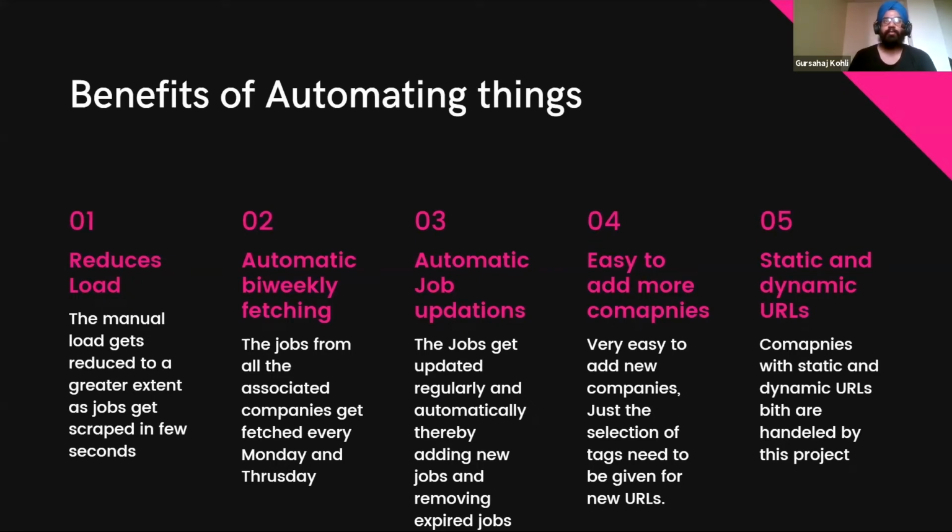It is still running, it's automated and scheduled. This program is made to run every Monday and Thursday around 1 a.m. and it runs automatically. It removes all the jobs that are not present on the portal anymore, and then adds the new jobs as and when they're required. All the process happens automatically and without any human intervention.